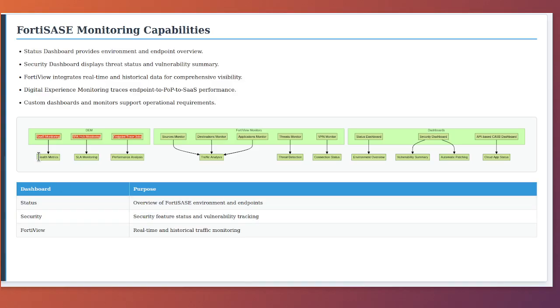DEM can trace end-to-end network performance from an endpoint through the security point of presence to software as a service applications. Administrators can create custom dashboards and monitors by adding widgets and applying filters to focus on specific data relevant to their operational needs.